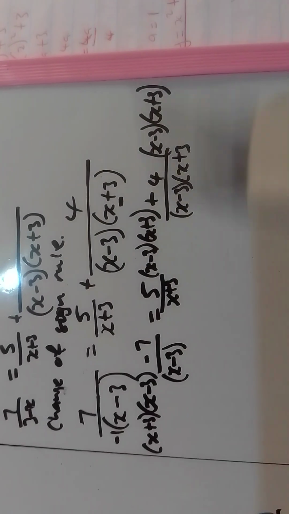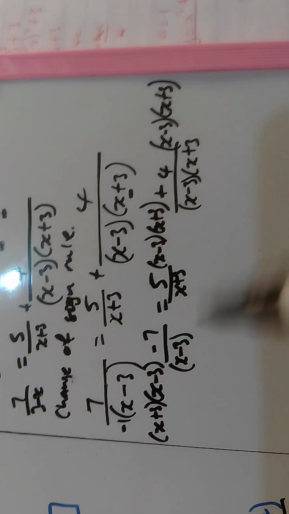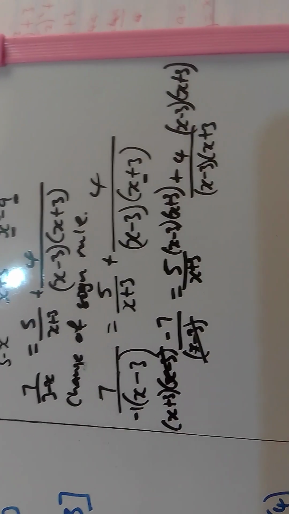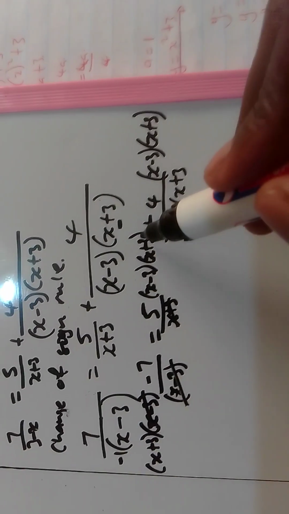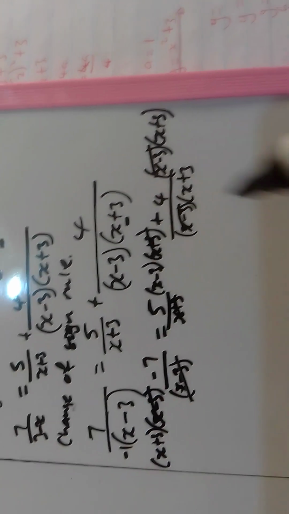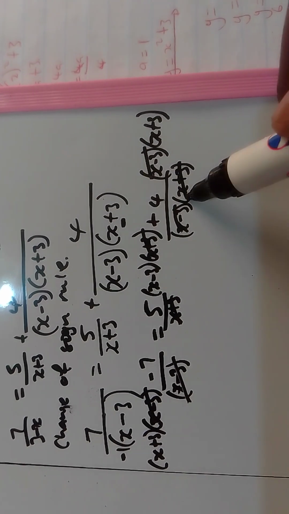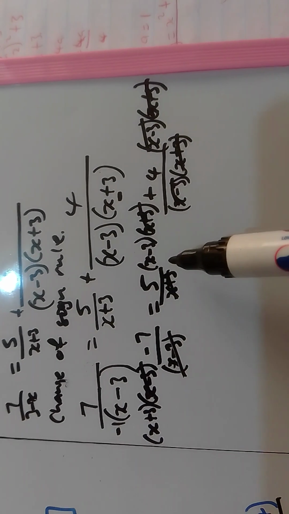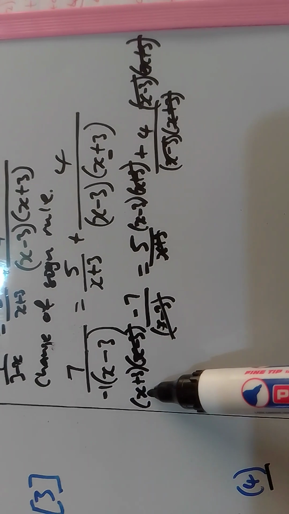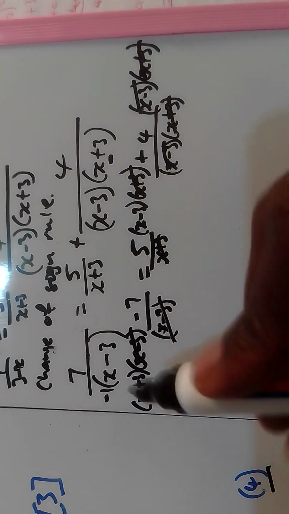Now that we have done this, what is the purpose of doing this? Observe, now this x minus 3 cancels out with that x minus 3. This x plus 3 cancels out with this x plus 3. This x minus 3 cancels out with that x minus 3. This x plus 3 cancels out with this x plus 3. What is left is what we multiply. So here I've got a negative 7. Now I say negative 7 multiplied by x, which gives me negative 7x.